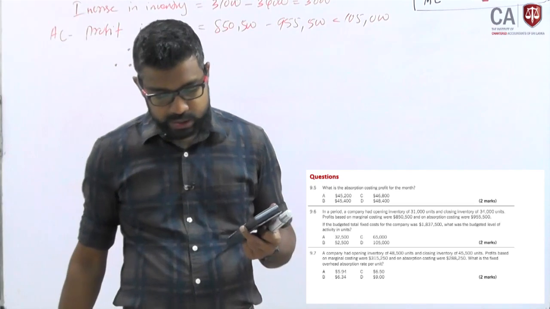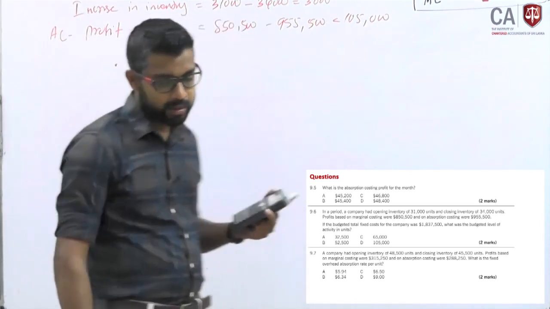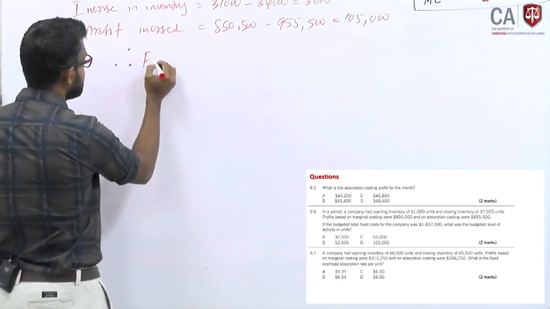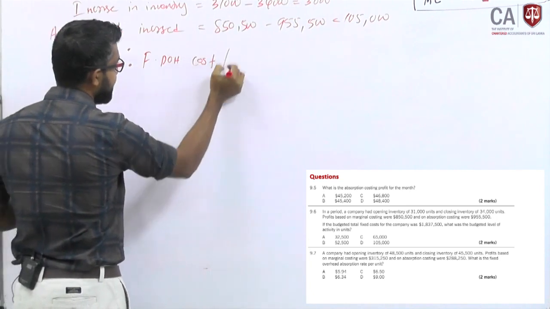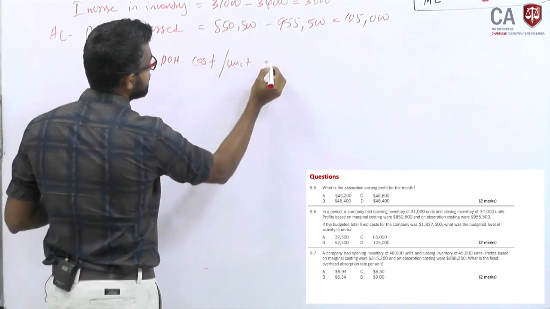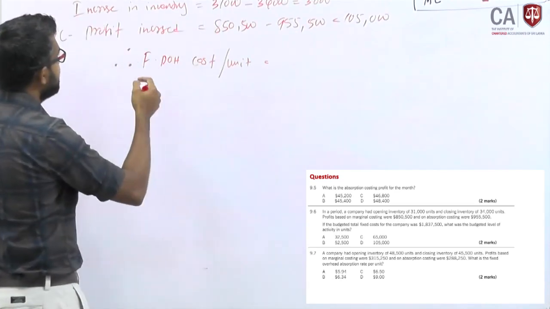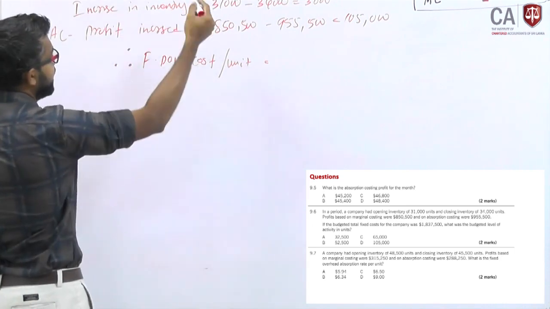Fixed production cost included in inventory, right? Which means fixed production overhead absorption rate, the fixed production overhead cost per unit. How much? Absorption rate depends on what? Apply the equation, right?